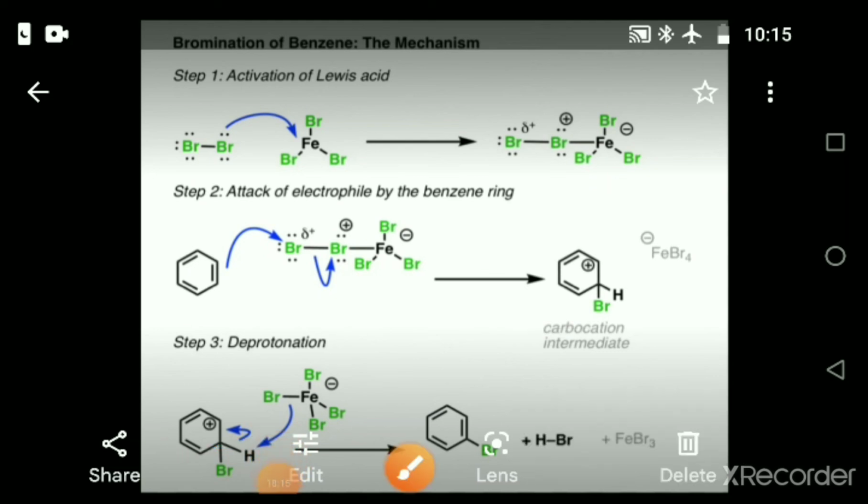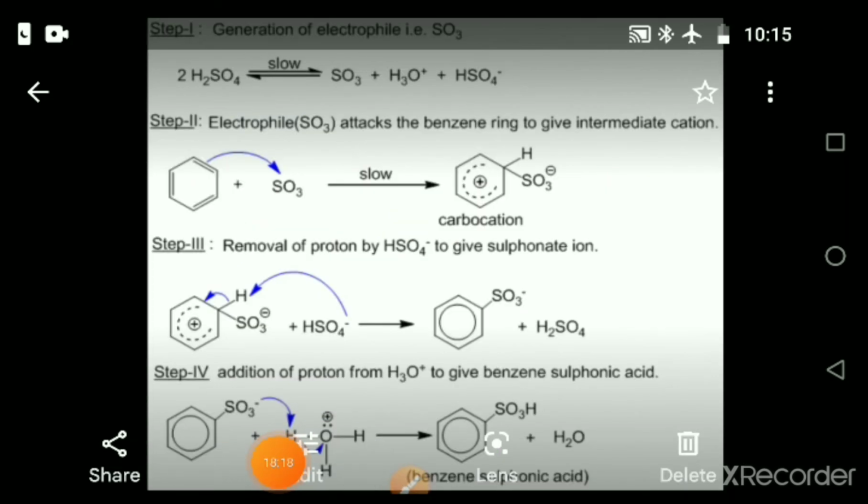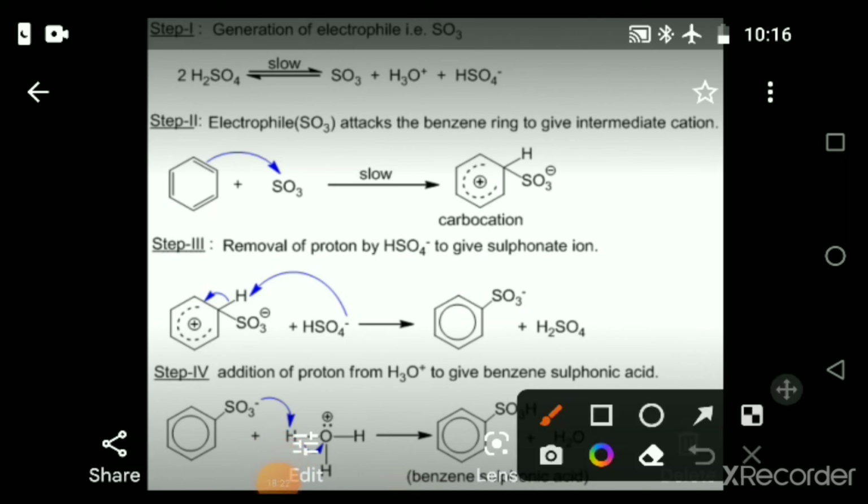The third reaction we discussed was sulfonation: formation of the electrophile, formation of the carbocation, and removal of hydrogen. This is about the electrophilic substitution reaction.